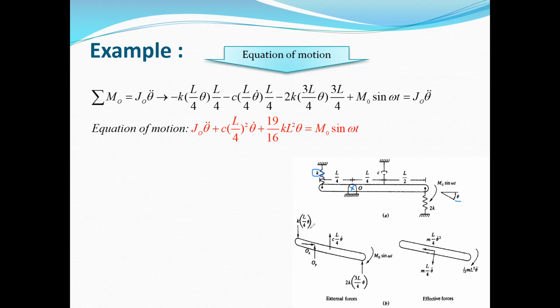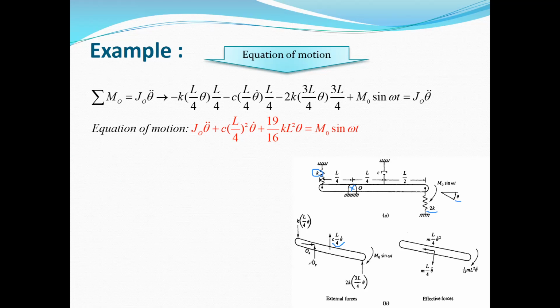This is the free body diagram. And the second spring, with the stiffness 2K, will have its force in upward direction. And also the force in the damper will be in upward direction, because this bar is rotating in clockwise direction.